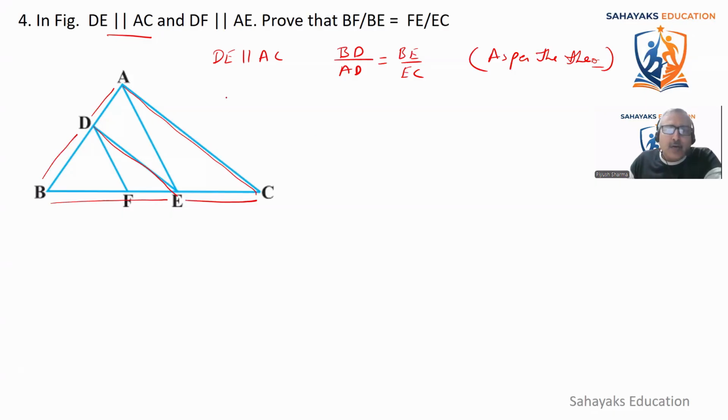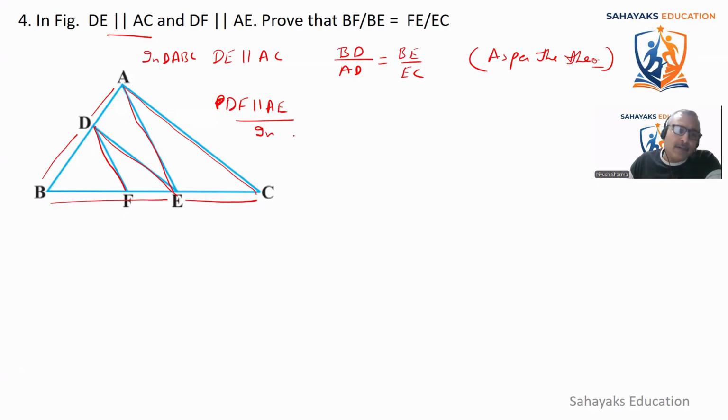Okay. Now, they've also given that DF is parallel to AE. So if DF is parallel to AE, look at triangle ABE.